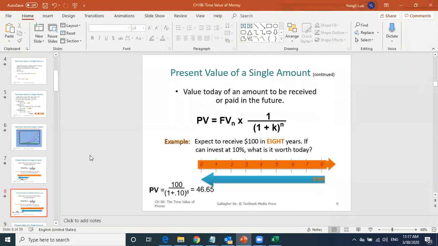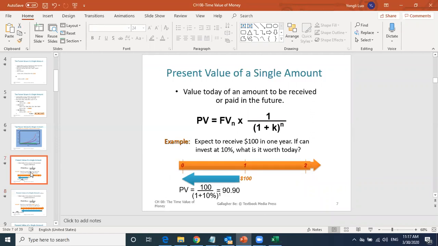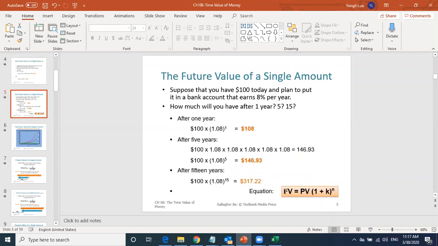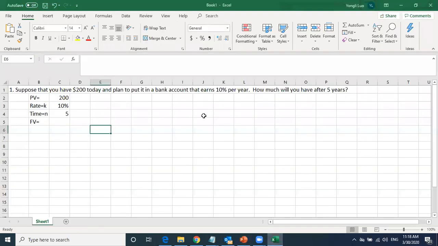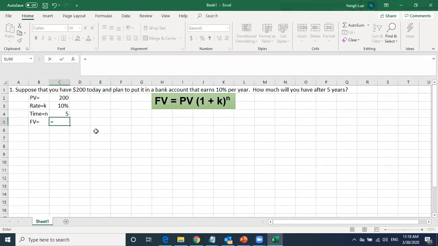For a future value question, we can use this formula: future value equals your present value times 1 plus the interest rate, raised to the power of n.